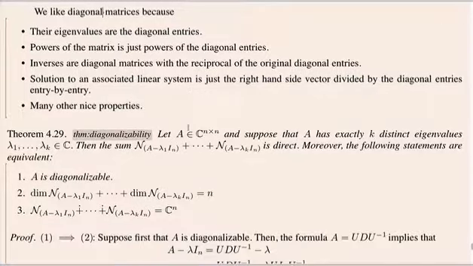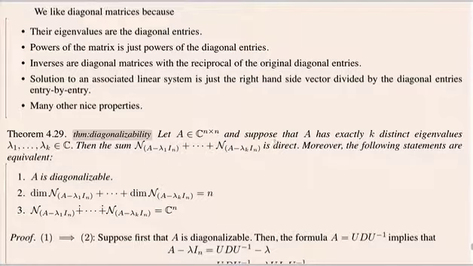The main theorem is this diagonalizability theorem that says that if we have an n by n matrix A with complex entries, and suppose that A has exactly k distinct eigenvalues, lambda 1 through lambda k, these are also complex numbers, then the sum of the null spaces of A minus lambda 1 I_n plus through the null space of A minus lambda k I_n is a direct sum.